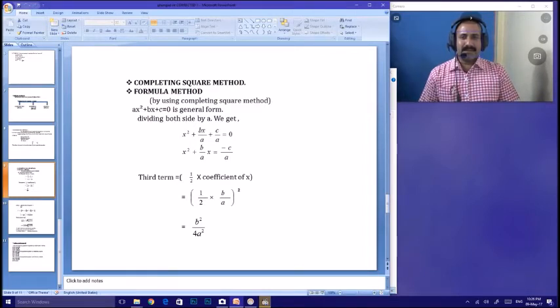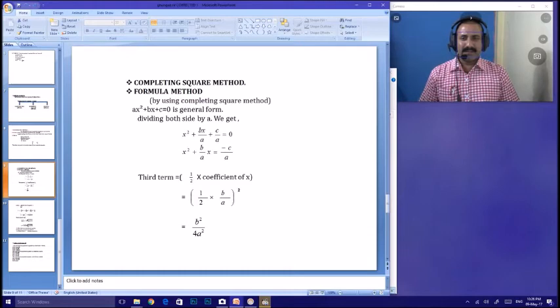Then, by using the completing square method, divide both sides by a, we get x square plus b upon a x plus c upon a equals to 0. Therefore, we can write x square plus b upon a x equals to minus c upon a.